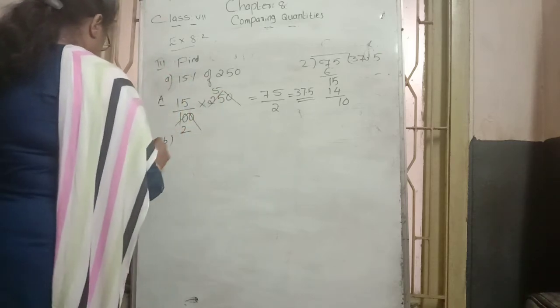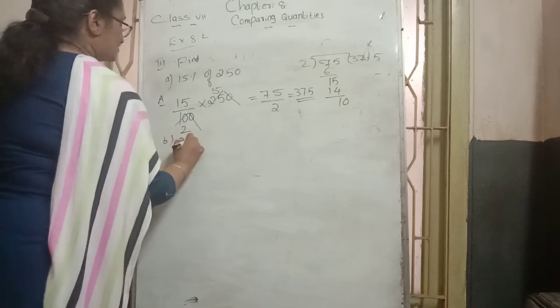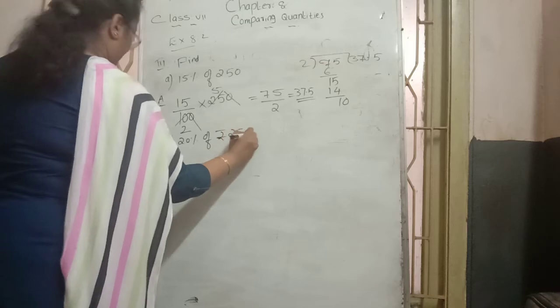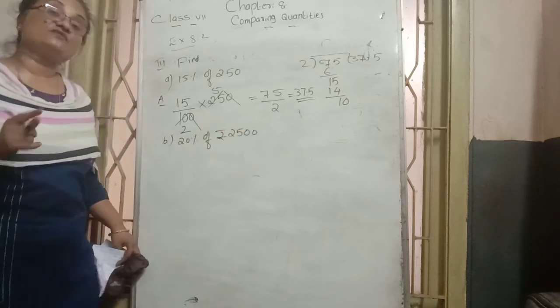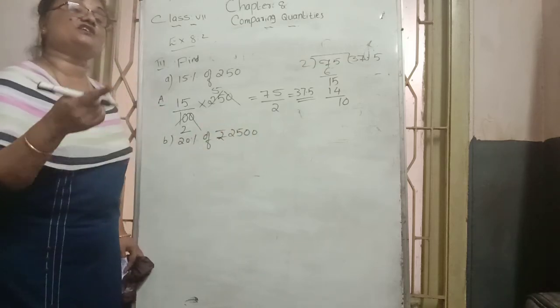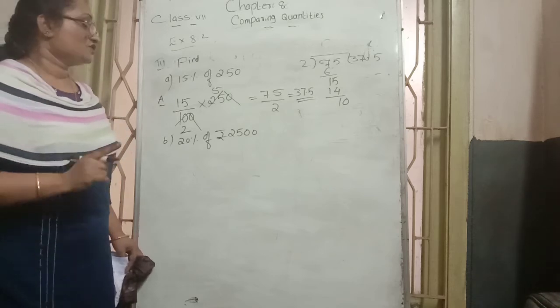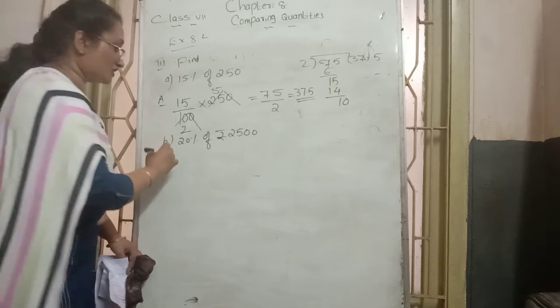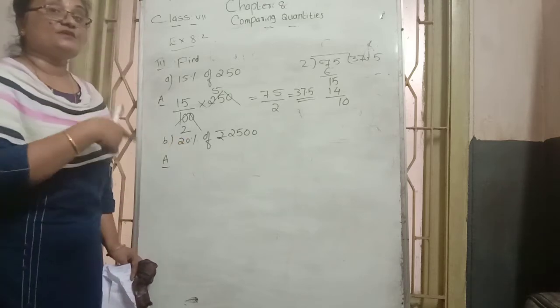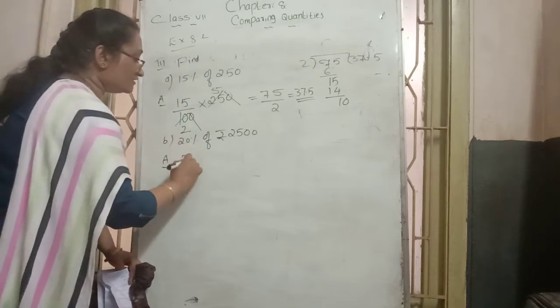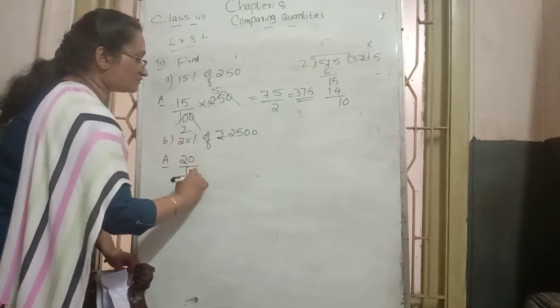Next, B question: 20 percentage of 2,500 rupees. In my hand 2,500 rupees is there, and I want to give 20 percentage to somebody. So how to calculate? First, when a percentage is given, remove the percentage symbol. How to remove? Always divide with 100.